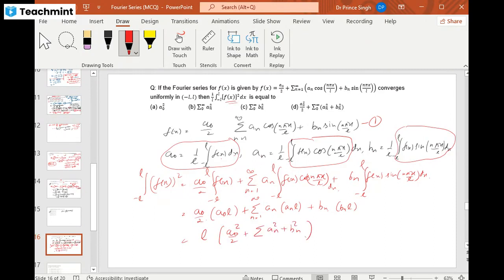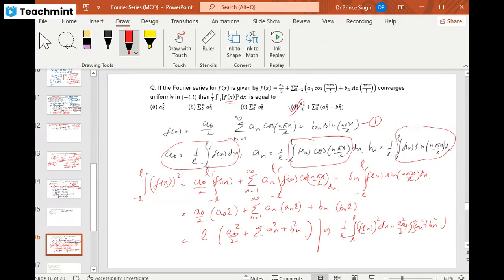If we divide by L on the other side, it gives 1 upon L integral from minus L to L of f of x whole square dx equal to a naught square by 2 plus summation a n square plus b n square. So you can see the correct option is option D only.